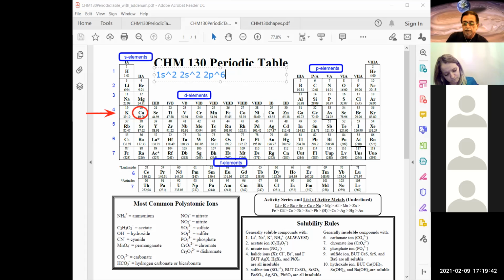Now I'm in the neon position. I've got to wrap it around, and we're at electron number 11. We're going to fill that up, so that's 3s2. And we're shooting across from aluminum all the way across to argon, so that's from 13 to 18. That would be 3p6.